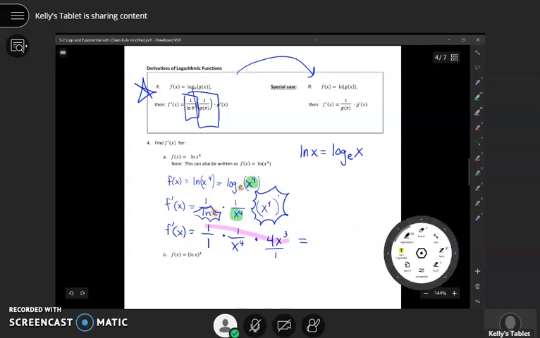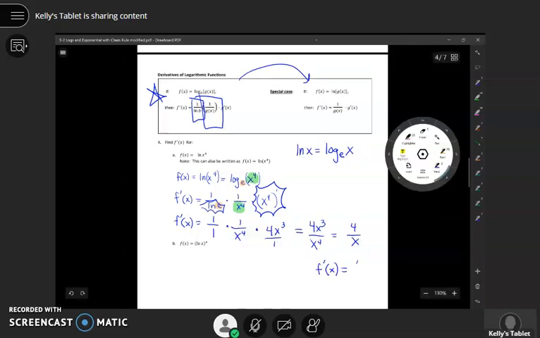That's just 4x cubed. I multiply all my denominators together. That's just x to the 4th. And then when I simplify, I'll have 1 factor of x remaining in the denominator. So the derivative of the original function is 4 over x. And I'm going to show you how to do that by using the log rule that'll drop the exponent down in front of the natural log from the beginning and make this a lot easier to understand.